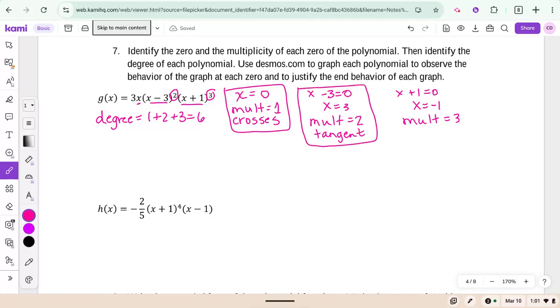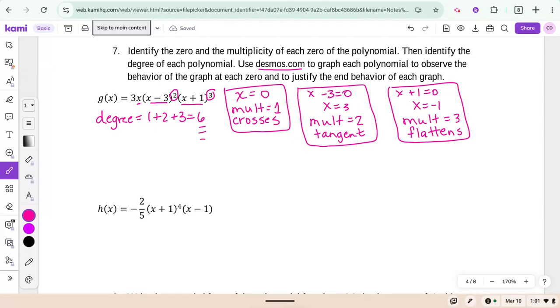And if you want, you can go to Desmos.com, pull up a graphing calculator, and you could explore this a little bit more for yourself if you like. The multiplicity of 3, it sort of flattens out a little bit at 0 there. It still crosses, but it does this little inflection thing where it kind of flattens out there. And again, the degree is 6.